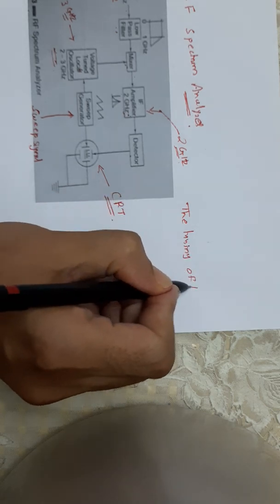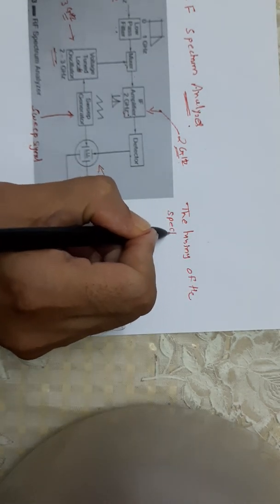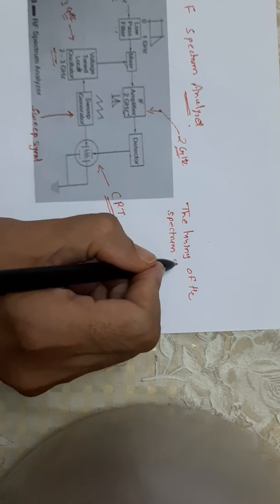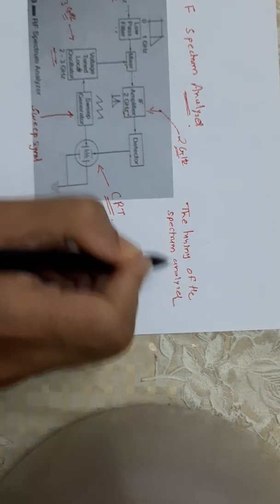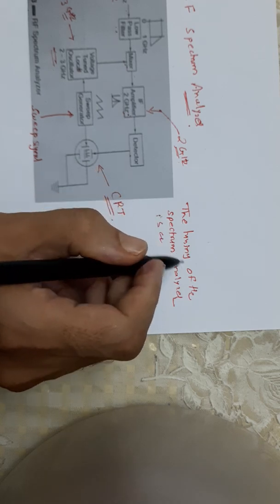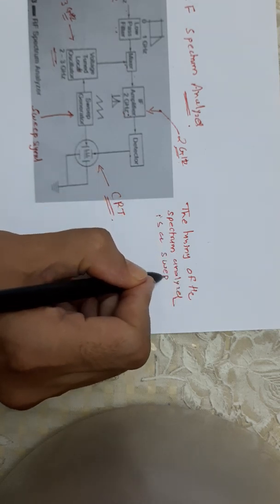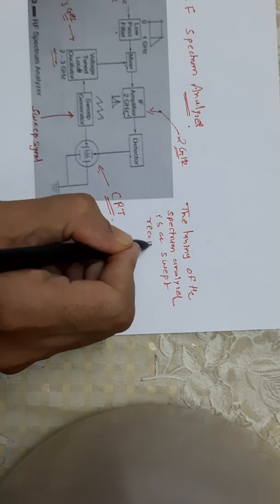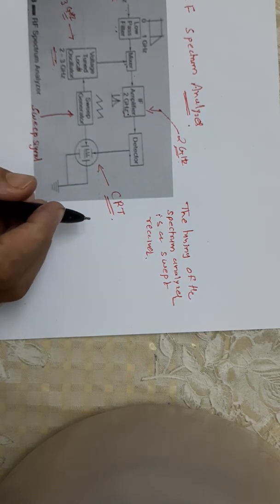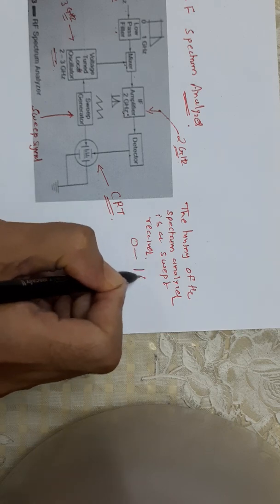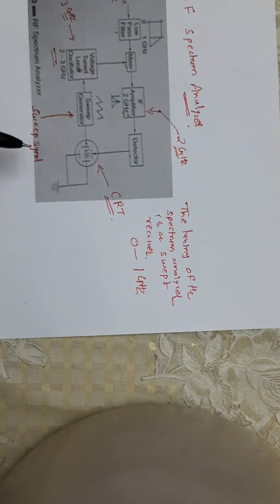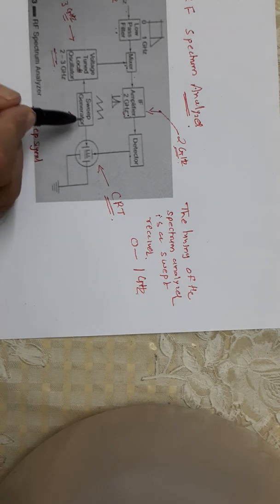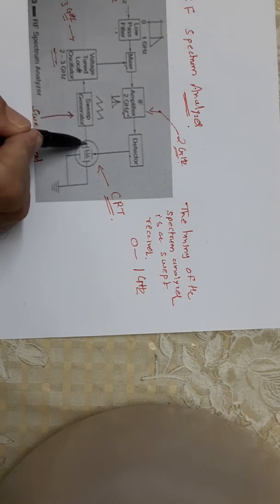The spectrum analyzer is a swept receiver which sweeps linearly from 0 to 1 gigahertz. The sawtooth scanning signal is also applied to the horizontal plate of the CR tube to form the frequency axis.